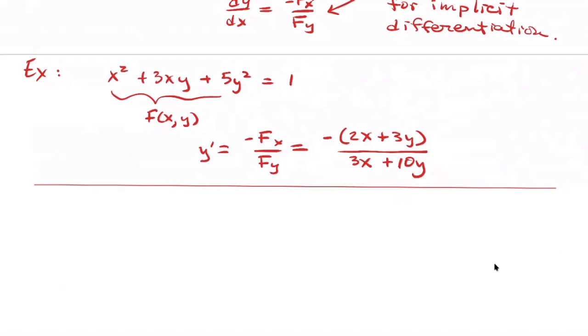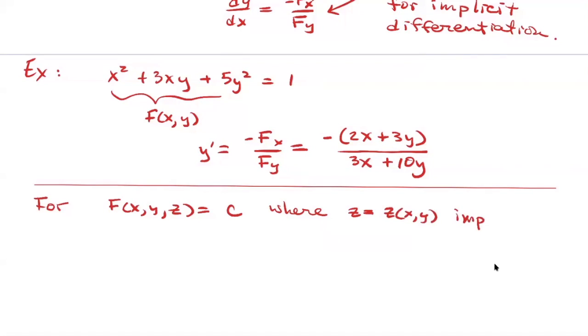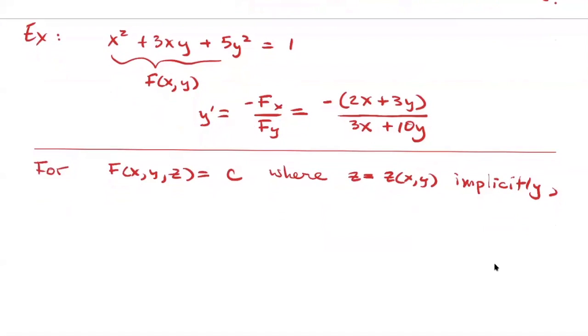You could extend this to partial derivatives too. So for big F of x, y, z equals a constant, where z is z of x, y implicitly, then I'll just extend the logic here and say the partial of z with respect to x would be negative fx over fz.